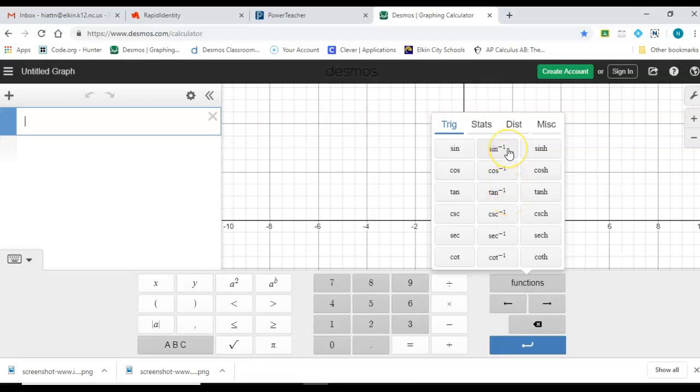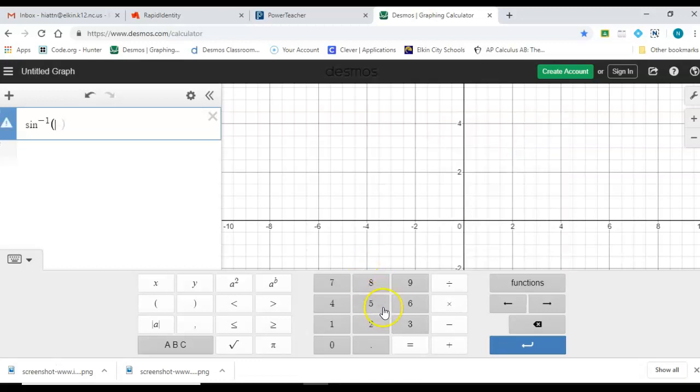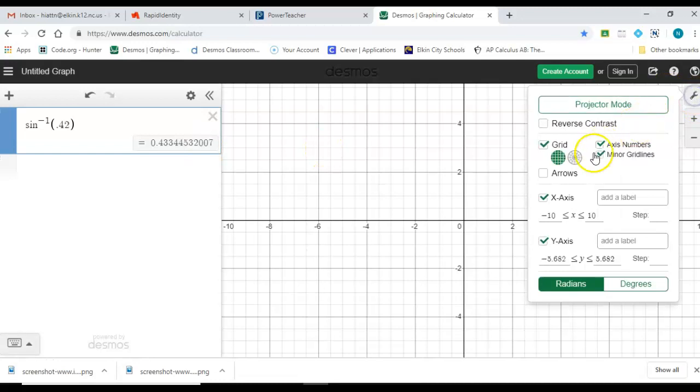So you could type in tangent inverse of 50. Or sine, oh, you can't type sine inverse of 50. You could do sine inverse of 0.42, and it'll give you the value there. You might have to change it to degrees, because right now mine's in radians. So to change it to degrees, you go over here to the wrench and change it to degrees here. Okay.